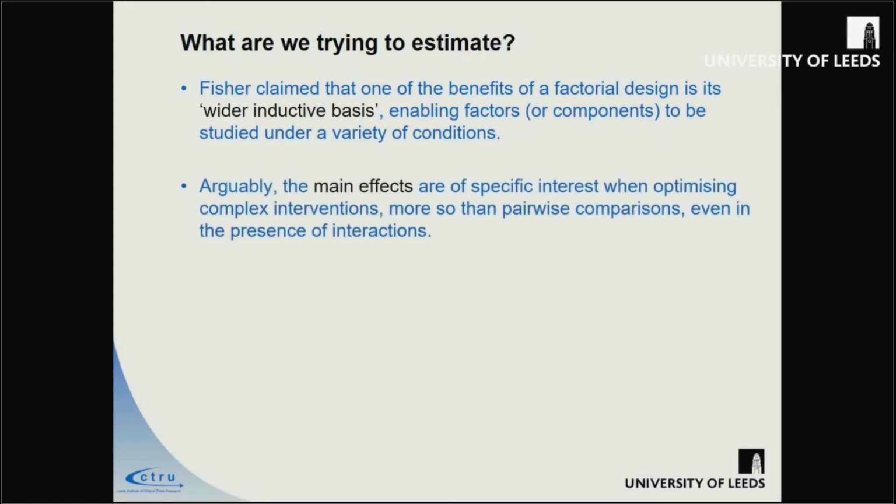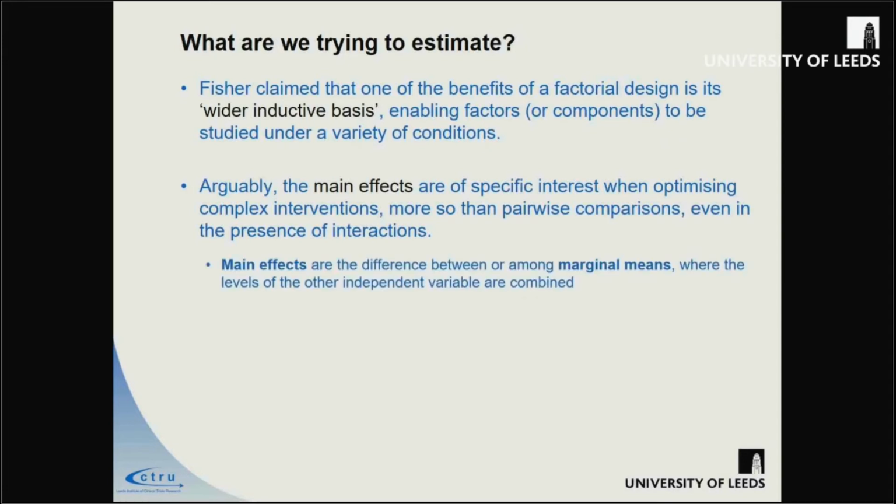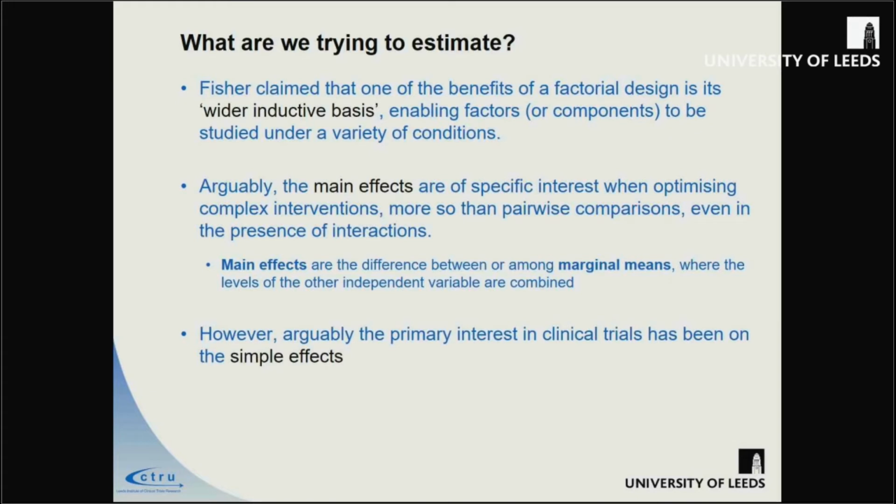I also think that the main effects, as they're traditionally thought of, are what we're interested in when we're optimising a complex intervention. And main effects are basically the difference between marginal means, which is what I'm thinking about. They're not what we are naturally thinking about as clinical trialists.